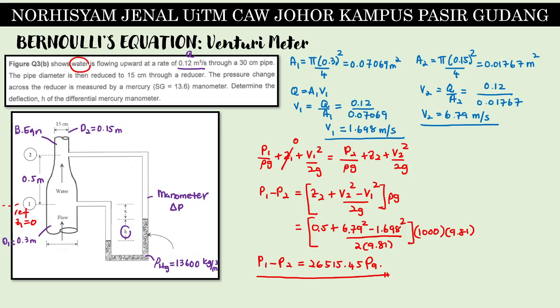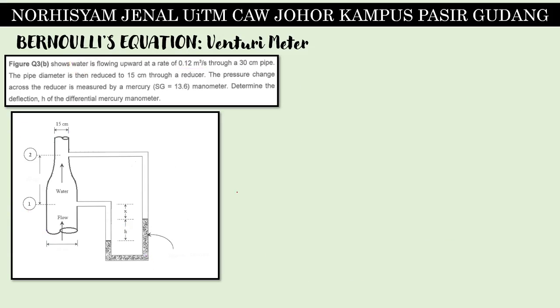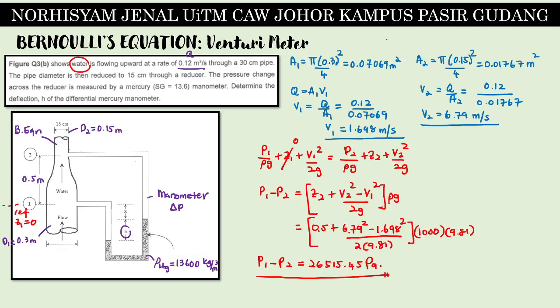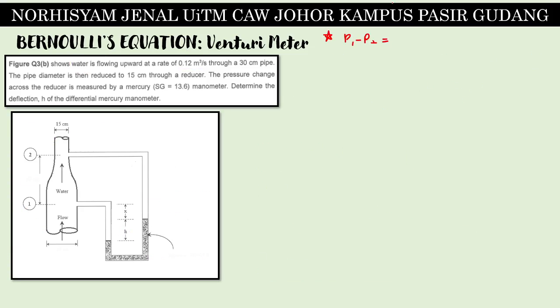Okay, so we continue with the next slide. From before, P1 minus P2 is equal to 26515.45 Pascal. From there, we continue with the calculation for manometer. Alright, going from 1 to 2, this is 0.5 meter.